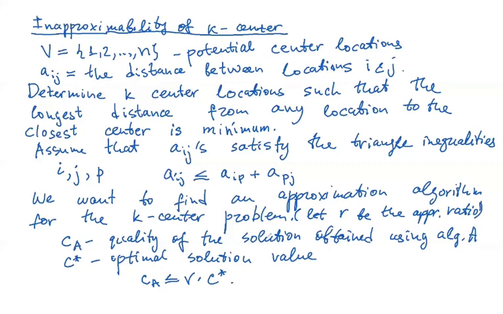All right, so we're going to show that finding a two approximate solution, so for R equal to 2, the problem is already hard. Or wait, sorry, 2 minus epsilon. So finding an approximation ratio better than 2 is going to be hard. We can actually find the 2 approximation algorithm in polynomial time, but 2 minus epsilon is going to be hard.